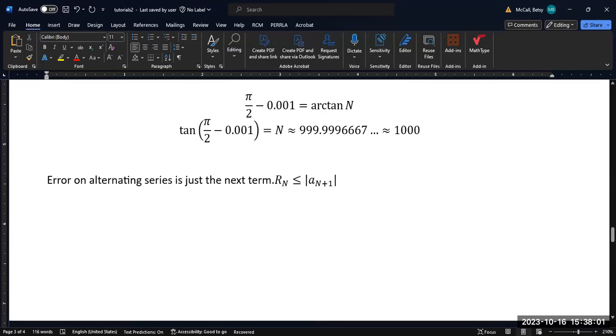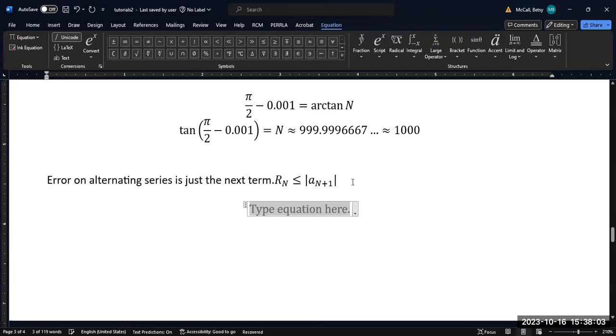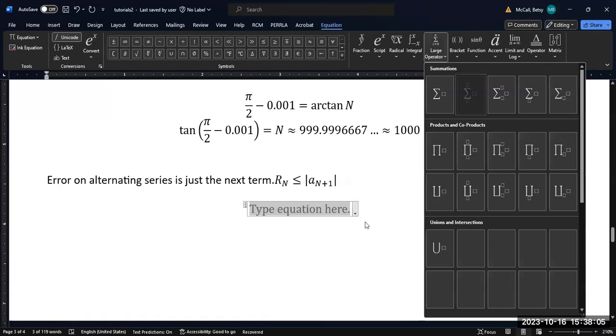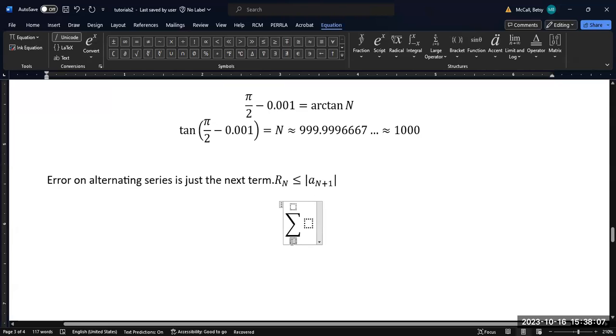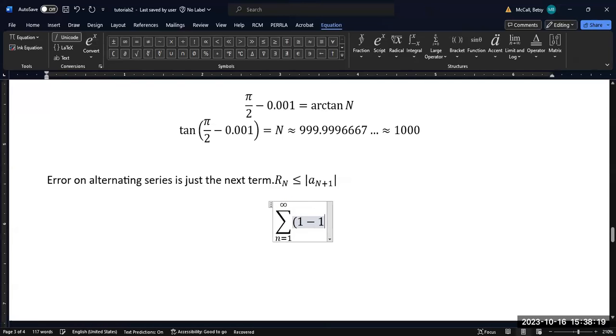So let's consider an alternating series. Let's say I want to estimate the sum from n equals 1 to infinity of -1 to the n times n over 2 to the n.